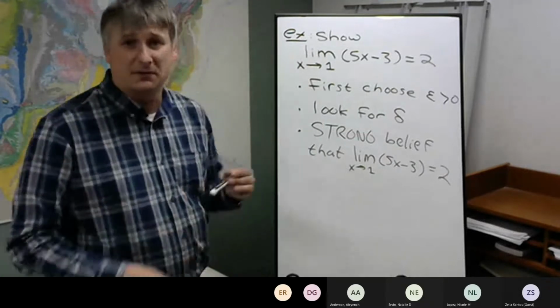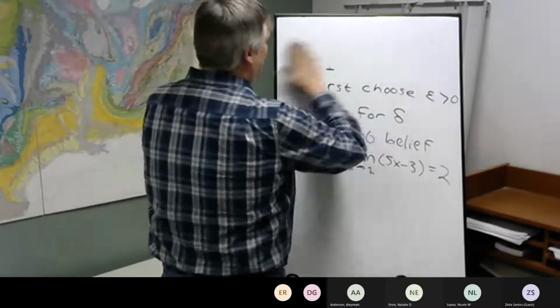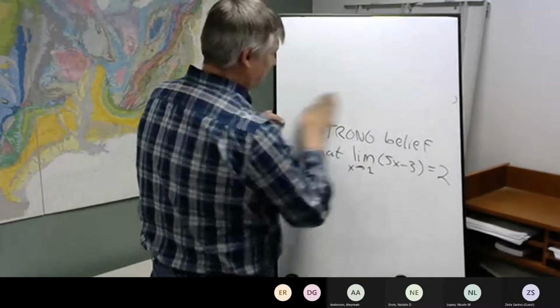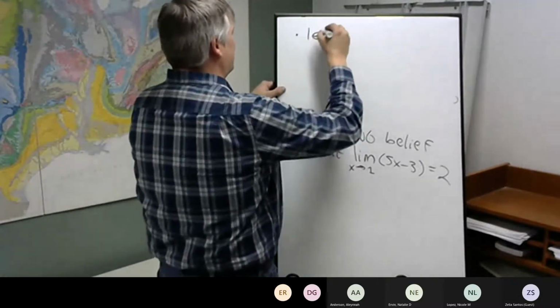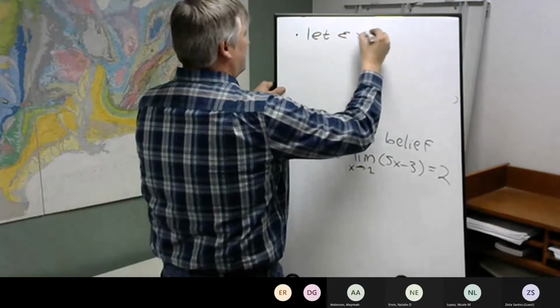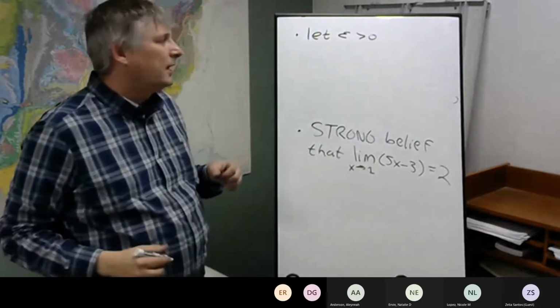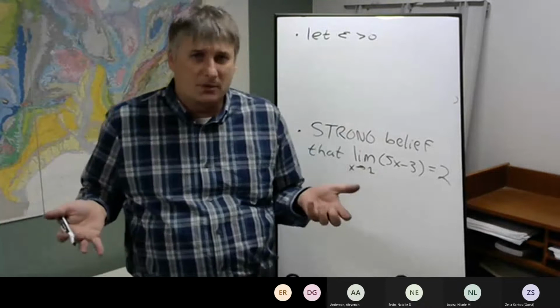We're going to choose epsilon greater than 0. I'm going to do it fairly simple. I'm just going to say let epsilon be greater than 0. And you can come back later and replace epsilon with some number.